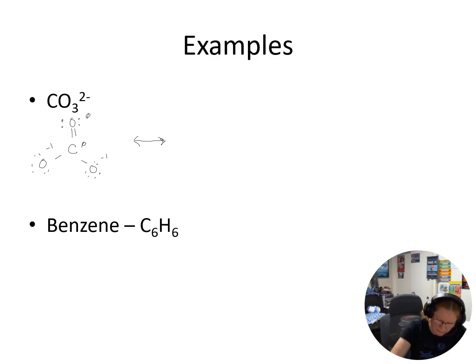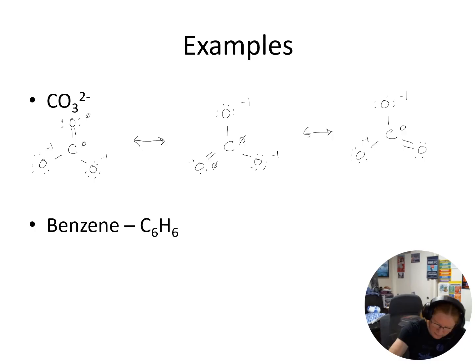All right, and we draw these double-headed arrows to show, hey, look, we're doing equivalent structures here. -1, -1, 0, 0. And I have one more spot that I can show that double bond character, and that is here. -1, -1, 0, 0. Okay.